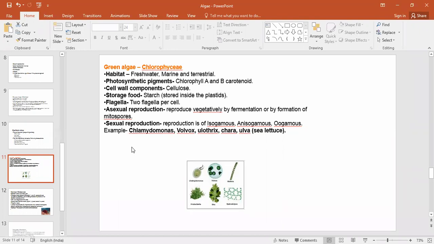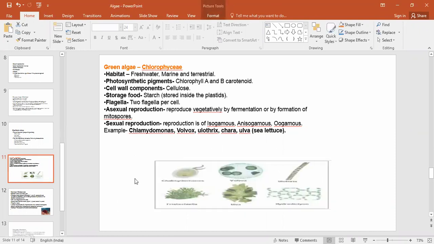First, their habit: they are freshwater, marine and terrestrial. The photosynthetic pigments present are chlorophyll A and B. Their cell wall component is cellulose. They store food in the form of starch, inside the plastids. They possess flagella, 2 flagella per cell.